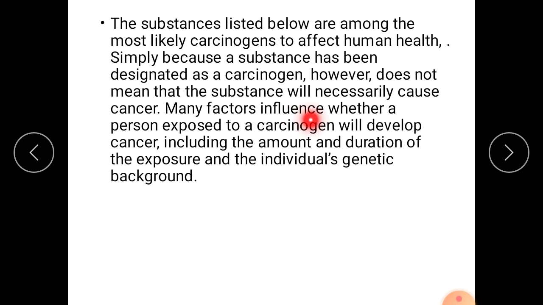Many factors influence whether a person exposed to a carcinogen will develop cancer, including the amount and duration of the exposure and the individual's genetic background. So exposure, duration of exposure to a particular carcinogen, and genetic background of a person, all these account for the development of cancer.